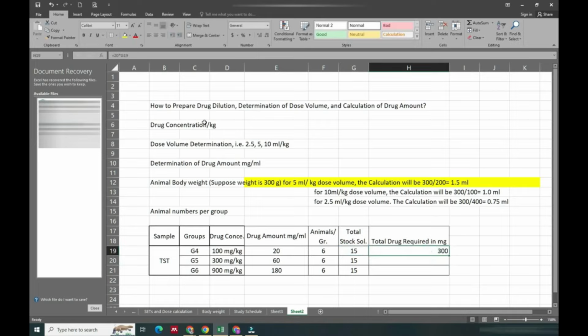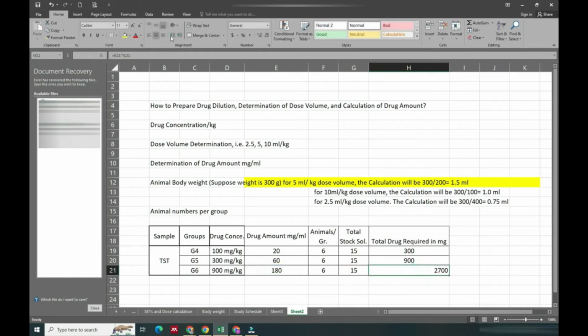Likewise we will see in the second group, 60 multiplied by 15, it is 900. And finally in the third group, 180 we will multiply by 15, so it is 180 into 15. So here you can see it is 2700.